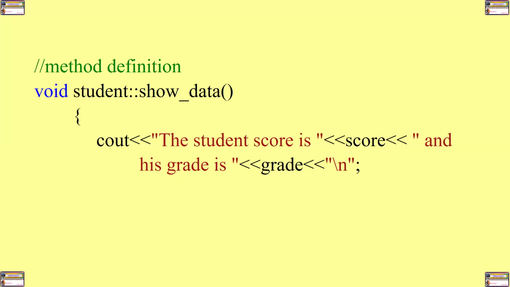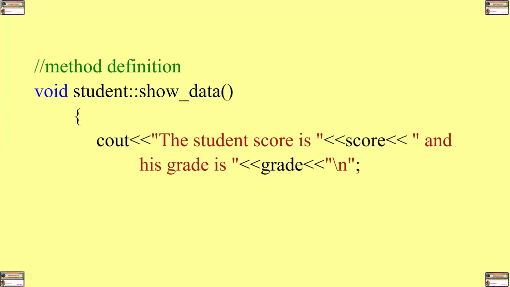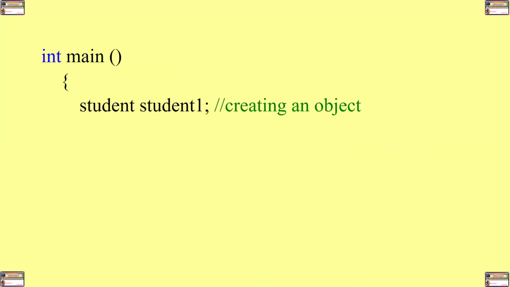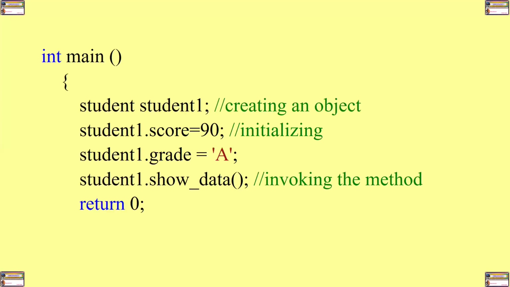Then access the member called grade, read the value stored there, write it out, and drop one line on the screen. Once that is done, the program will have performed its purpose, and the control will be taken back to the operating system and the program will end.